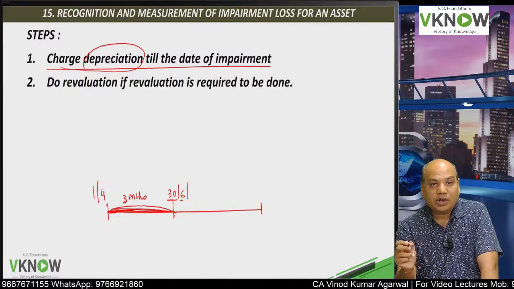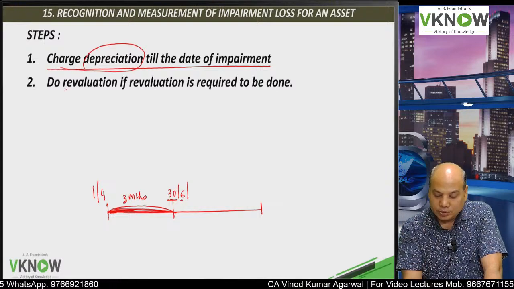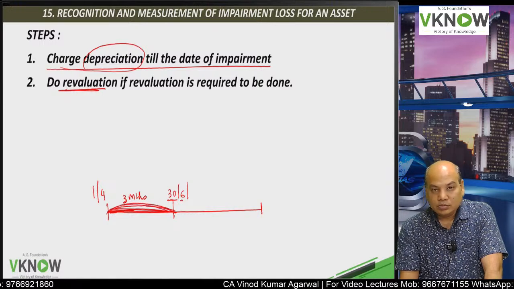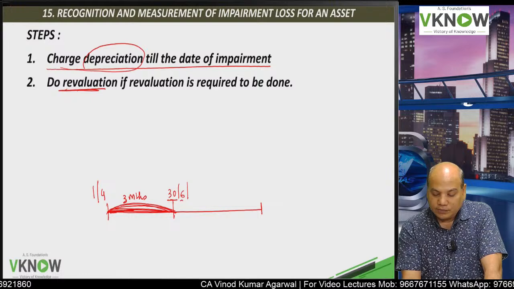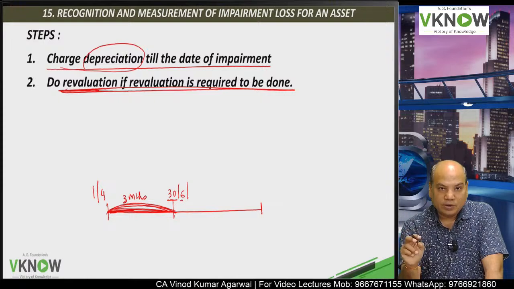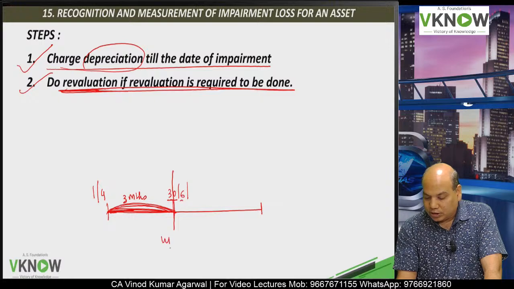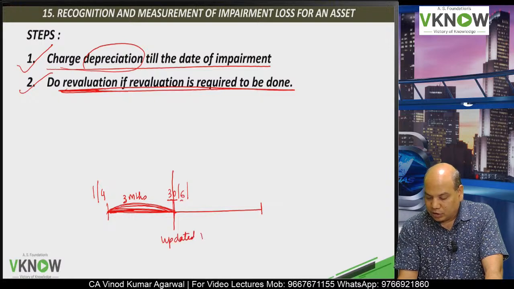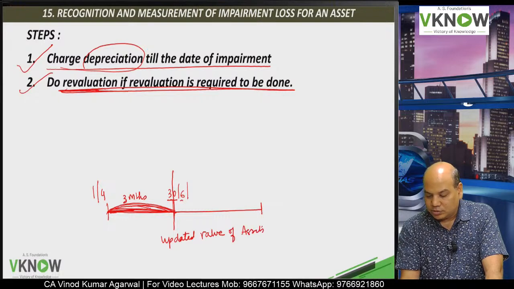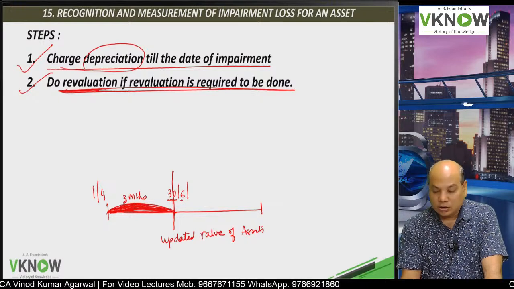If I am following revaluation model, then I am also going to provide revaluation, whether upward or downward. So depreciation, revaluation. After that, you will get an updated value of asset. Updated value of asset means whatever you are supposed to do as far as depreciation and revaluation, you have done.